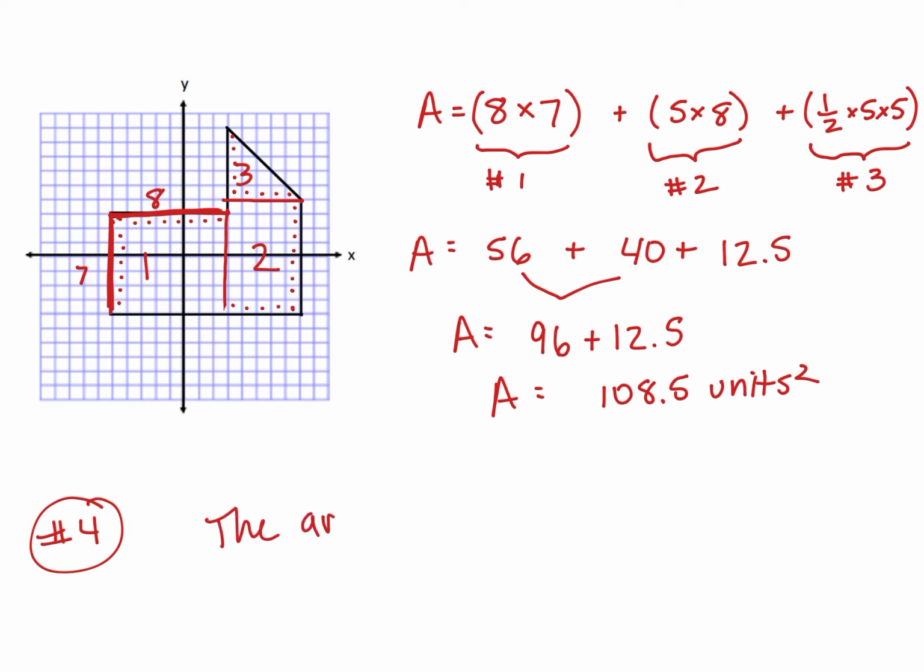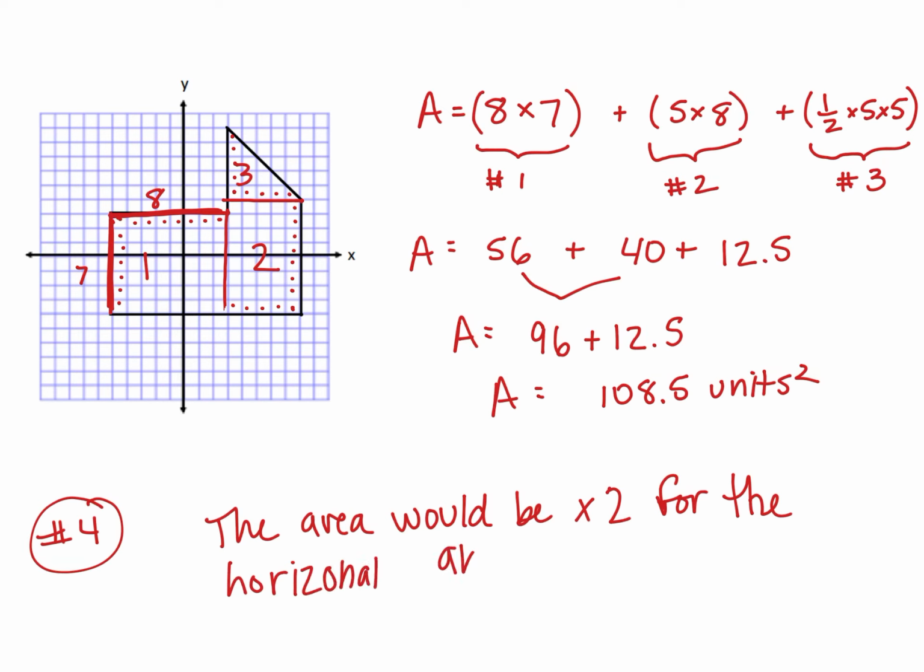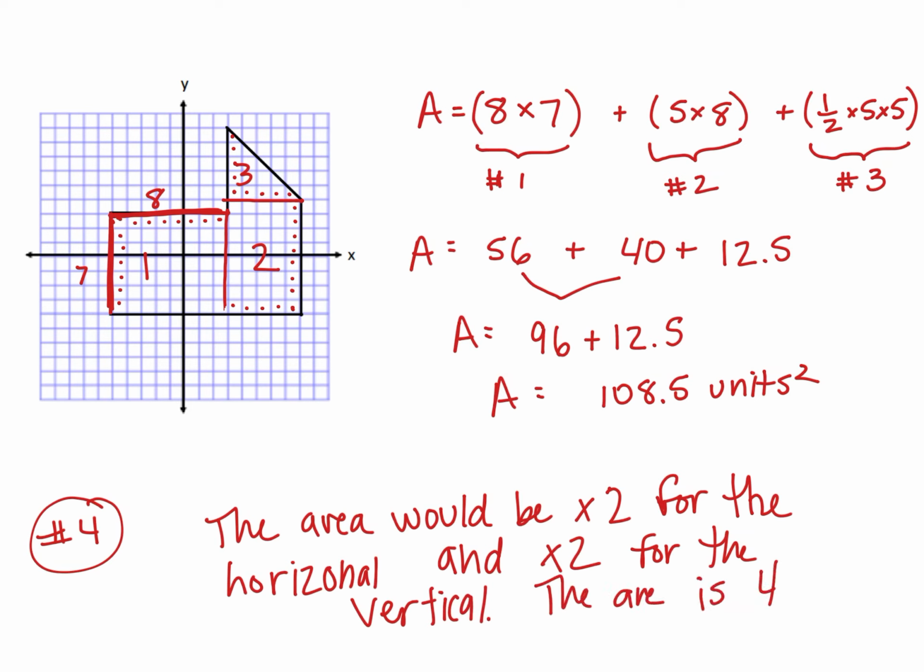So the area would be multiplied by 2 for the horizontal, and multiplied by 2 for the vertical. Which essentially means the area is 4 times as big, because we have to multiply by 2 twice.